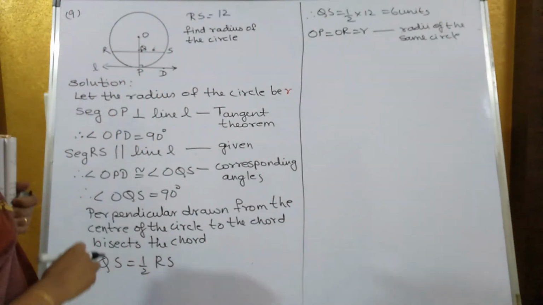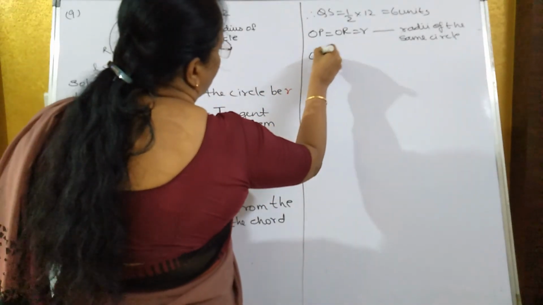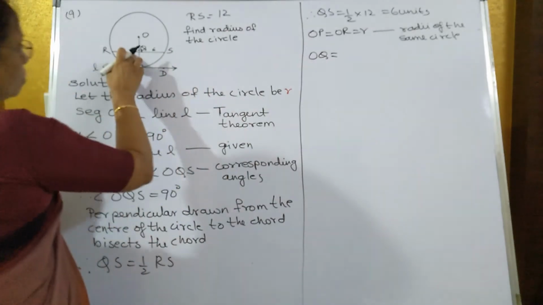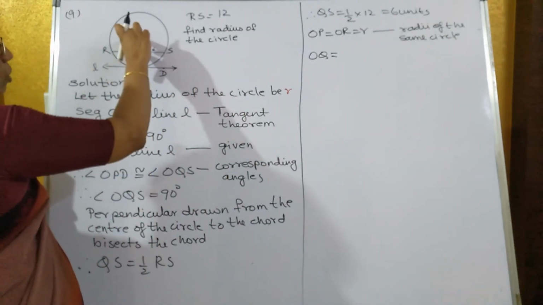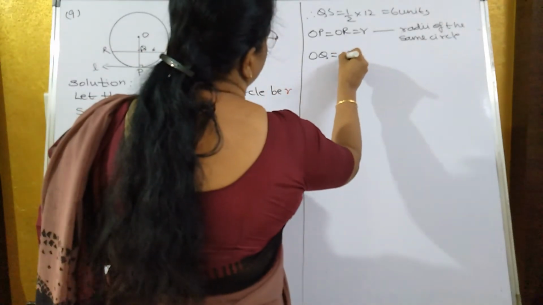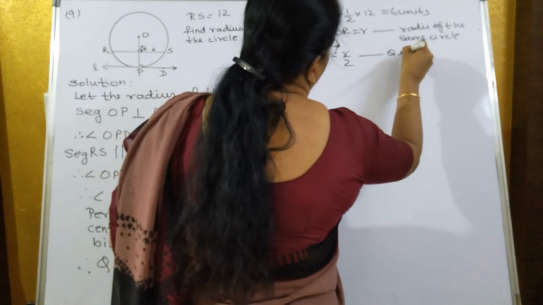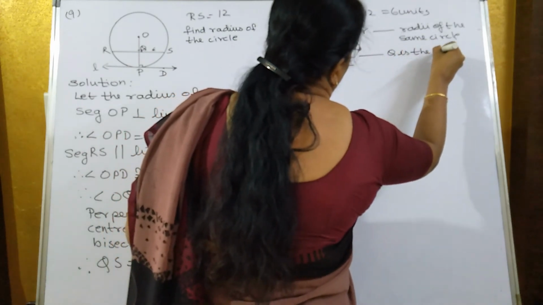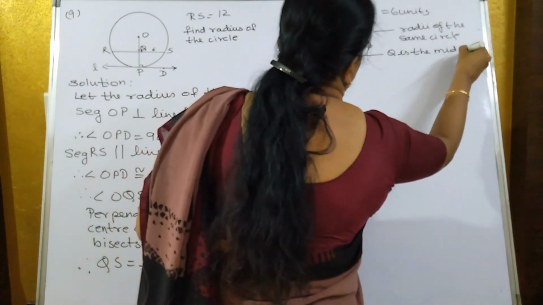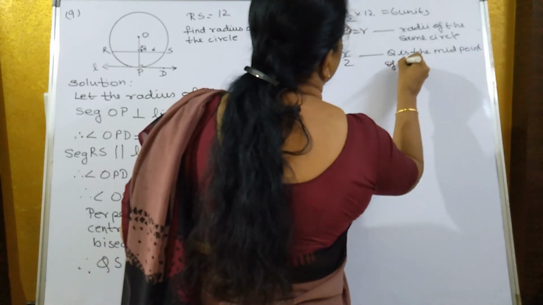So both have to be equal to R. And OQ is equal to how much? They have given Q is a midpoint and OP is R. Then OQ will be how much? Half of R, that is R upon 2. Reason, what will you write down? Q is the midpoint of seg OP.